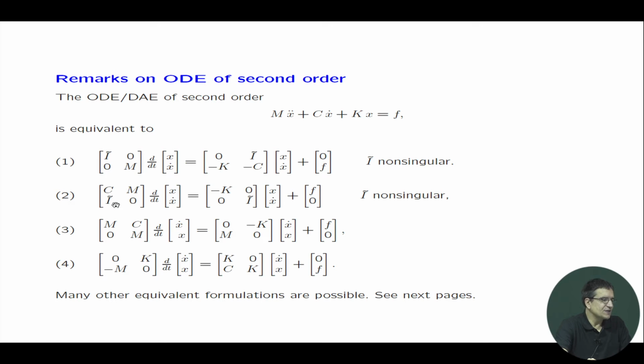Next one, just reordering terms. We can move the c to the left-hand side. Okay, and again we have here the freedom to take any non-singular matrix. And here are two further variants.